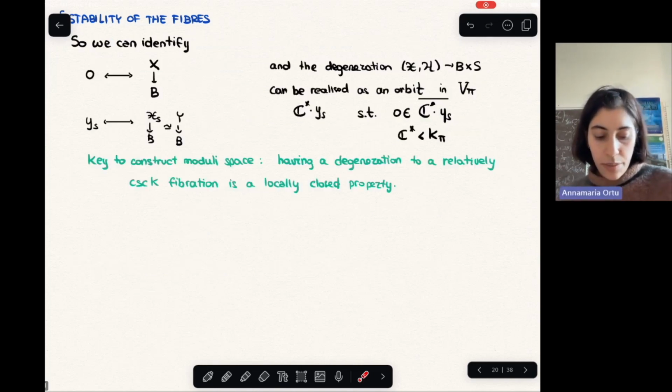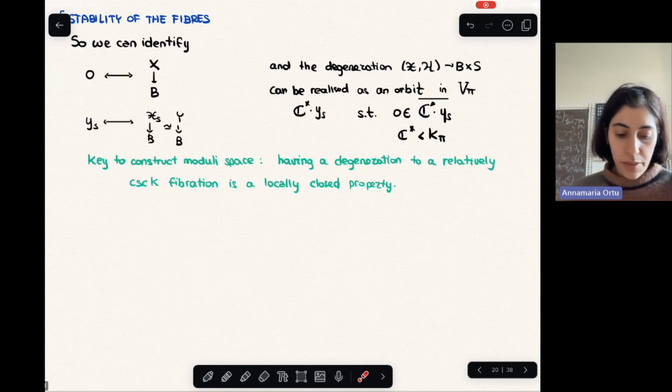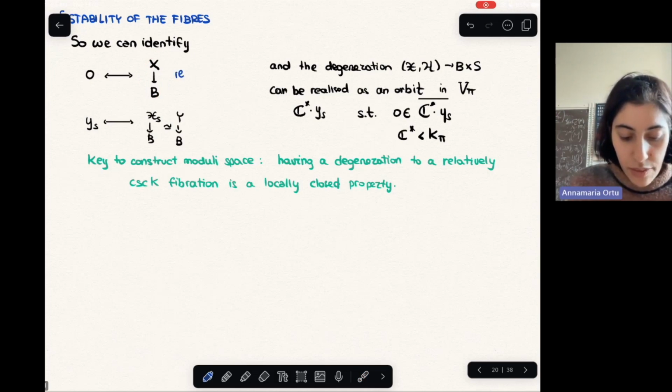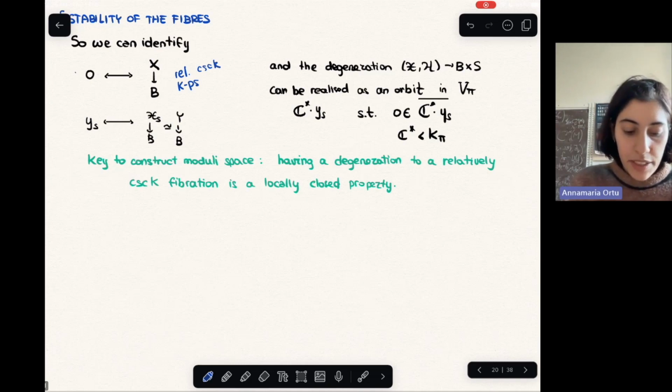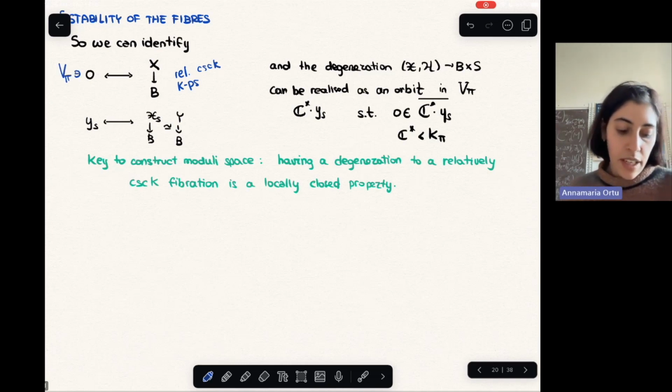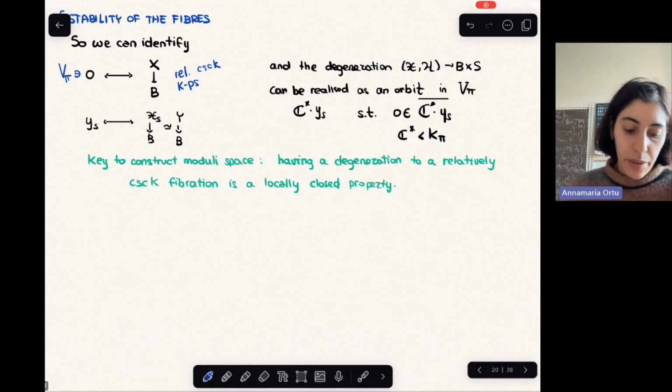So what this theorem, Kobayashi theorem, says is that we can identify our fibration X over B, that I recall is the special one, the one which is relatively K-polystable or relatively CSCK, as the origin in this space, so 0 in V pi. And all the other fibrations in the family are given by some family of points, Ys.